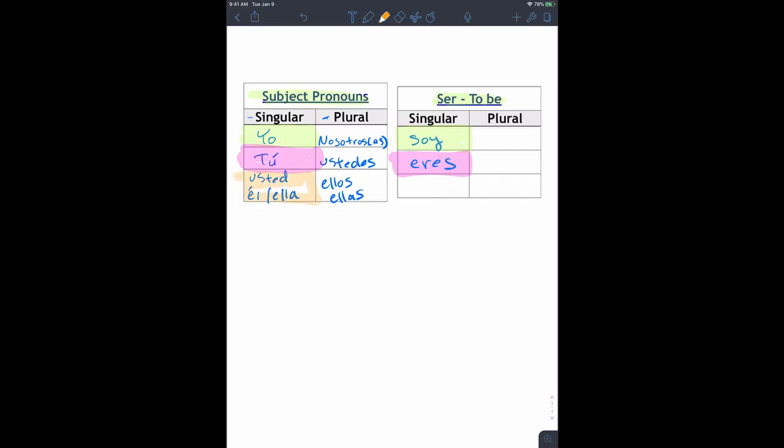In the usted, él, and ella, you would say es. In the nosotros form, you would say somos. In the ustedes form, it is ustedes son. And finally, in the ellos and ellas, it is ellos, ellas son.